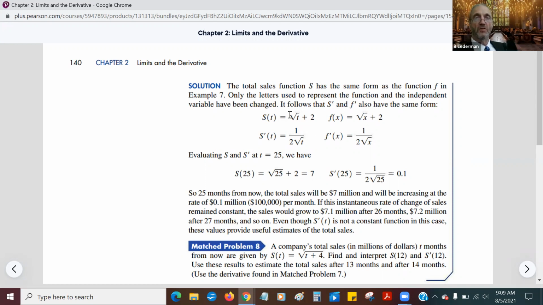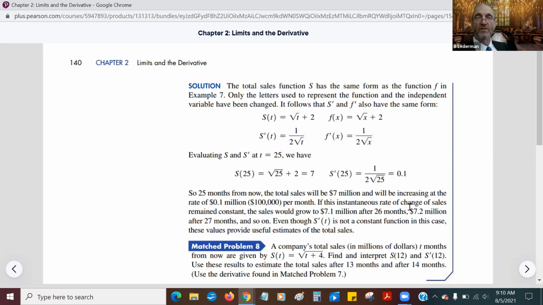Now S of t is root t plus 2, and S prime of t is 1 over 2 root t. Plugging in 25 for the derivative, we get 1 over 2 times 5, which is 1 over 10, or 0.1. So 25 months from now, the total sales will be 7 million, increasing at a rate of 0.1 million, which is $100,000 per month.